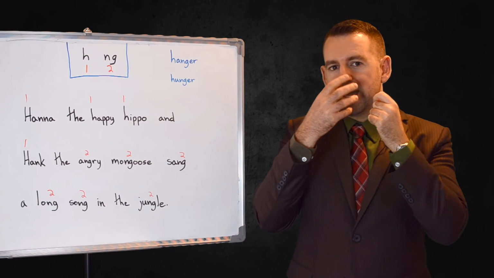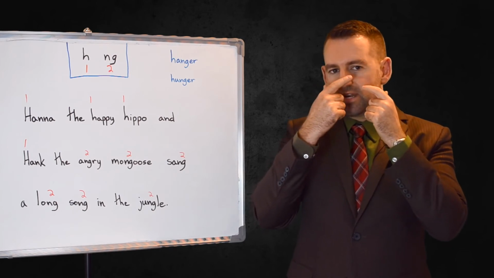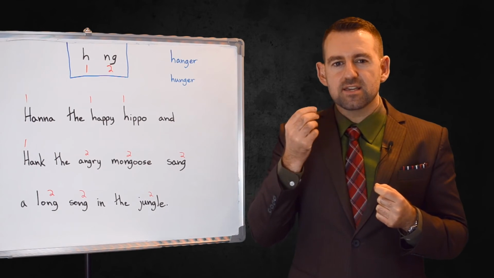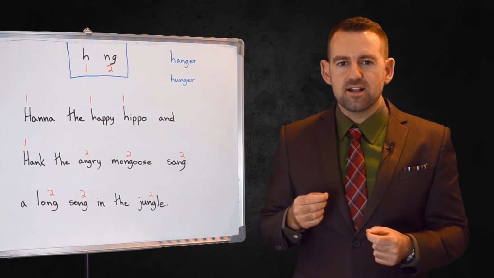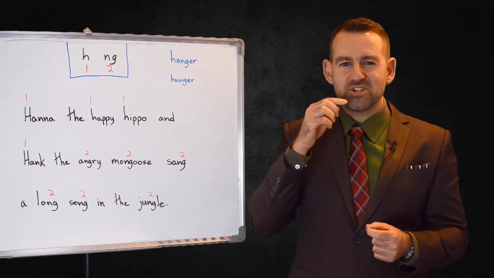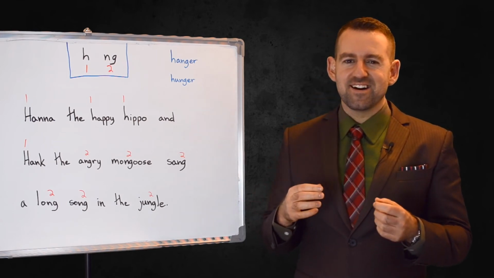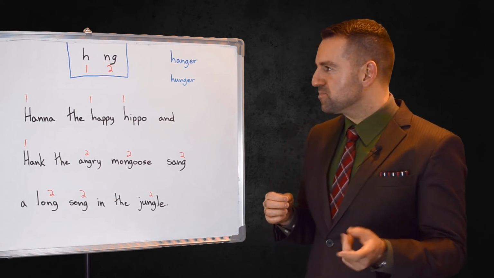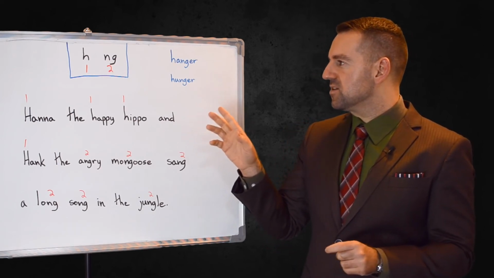And this is called your nasal area. So it's a very nasally sound. It almost makes your nose itchy if you say it too long. All right? So very easy sounds there.